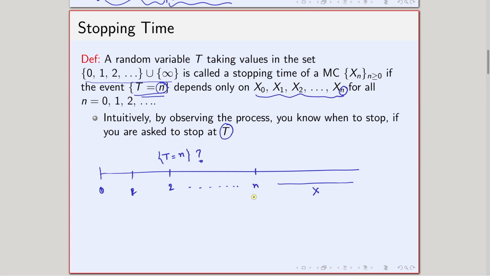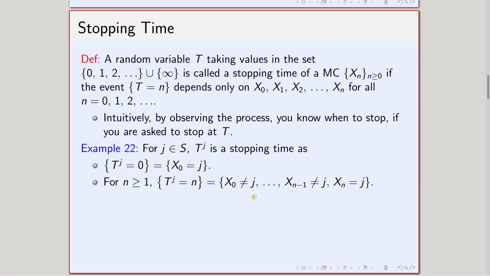Okay, so let us see a couple of examples. The first example is the hitting time. Just recall that the hitting time we have defined as the infimum of the set of n greater than or equal to 0 such that X_n belongs to A, and A in this case is a singleton set. So I can also write it this way.